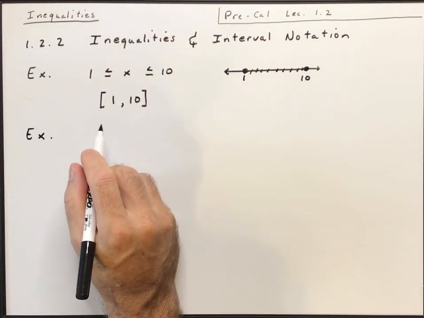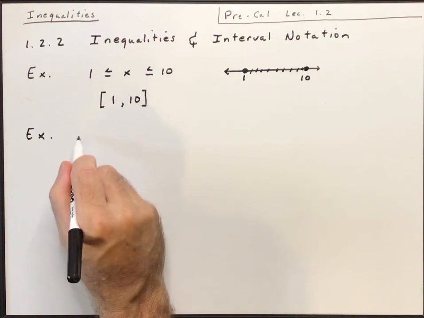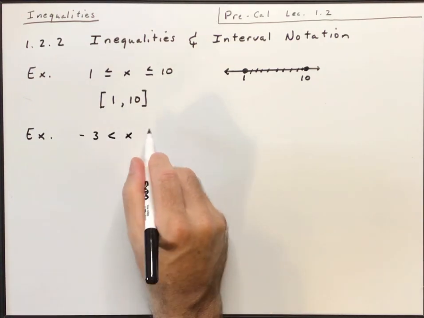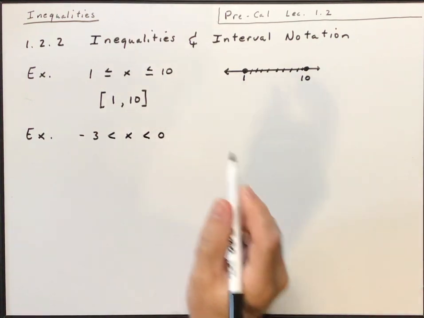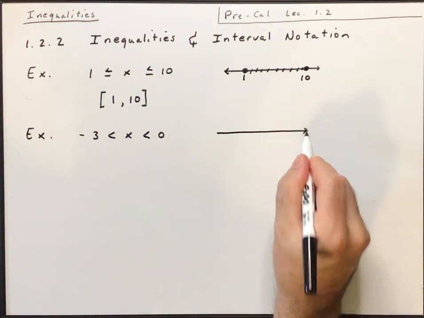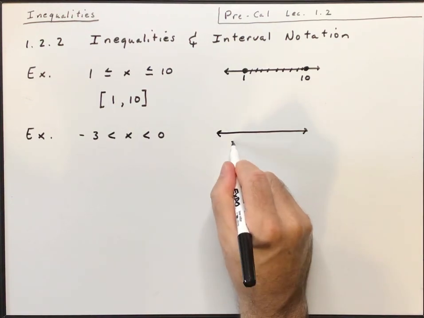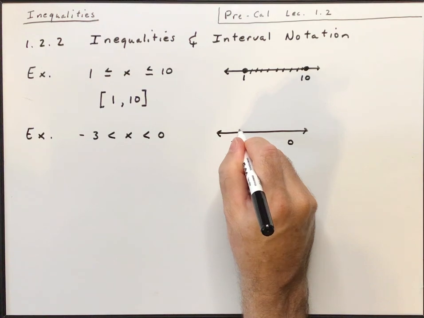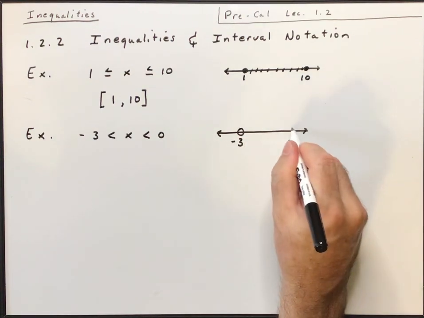Let's say we have -3 less than x less than 0. Okay, from a number line standpoint, put a -3, a 0, it would be 2 open circles, wouldn't it?